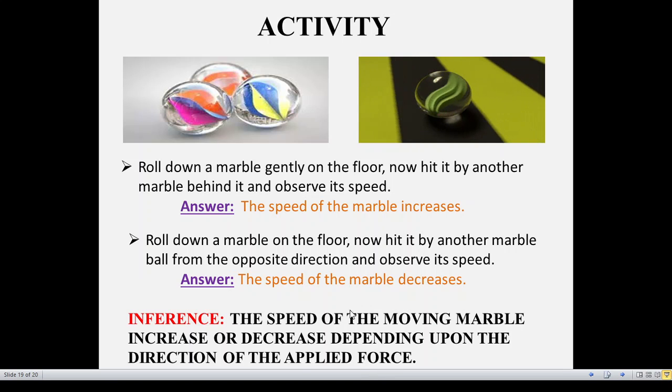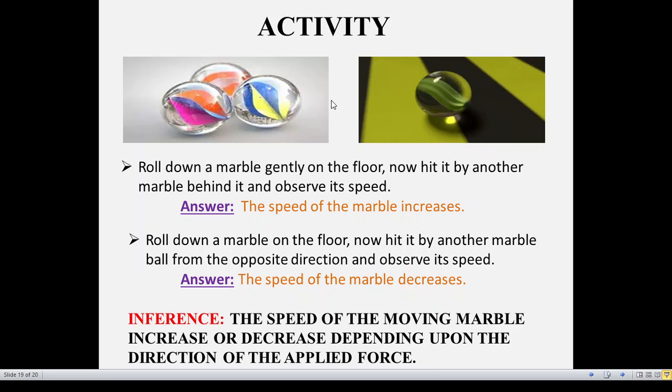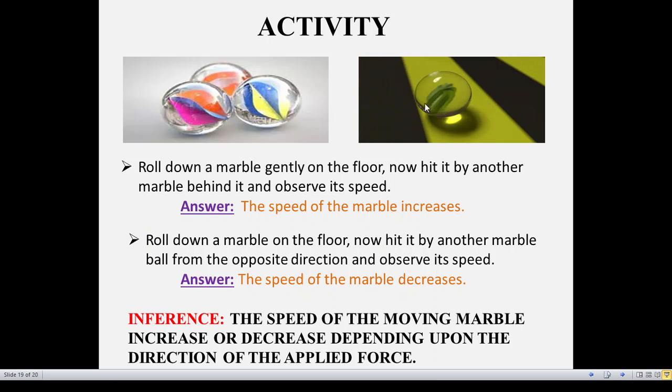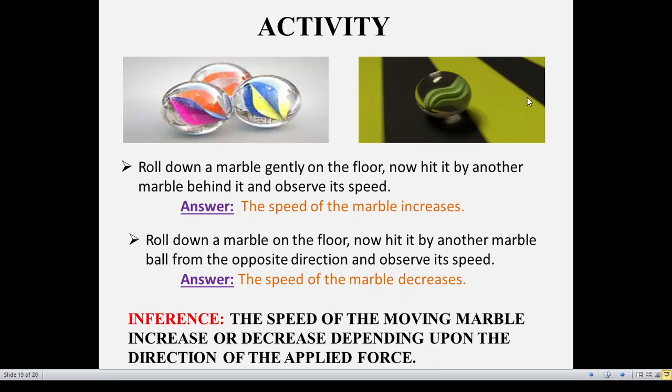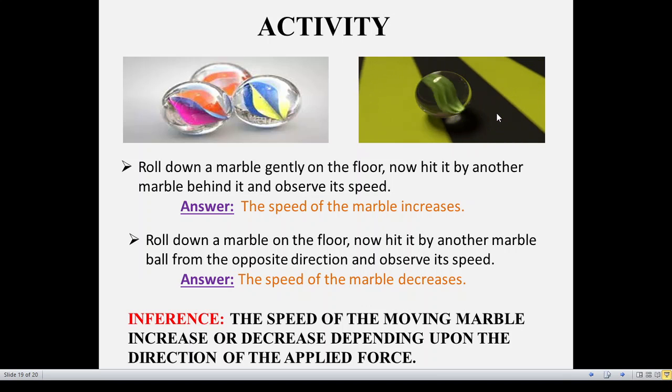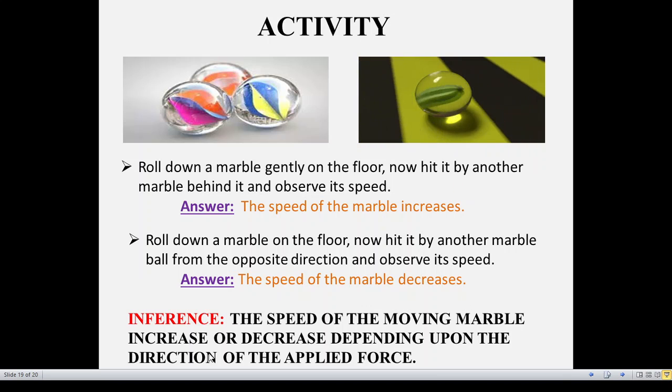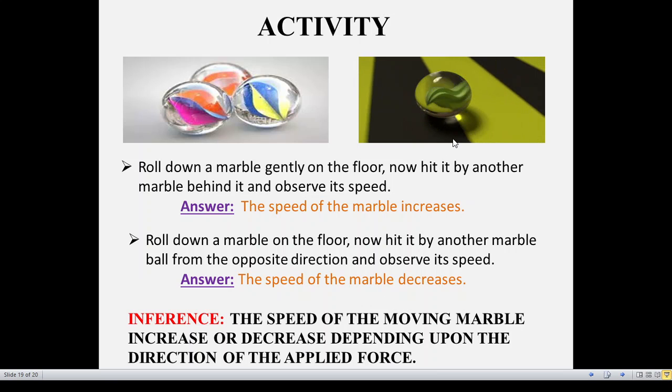The speed of the marble will increase if the marble is hit from behind, and the speed of the marble will decrease if the direction of the applied force acts in this way. So from this we come to know that the speed of the moving marble may increase or decrease, but it purely depends upon the direction of the applied force.